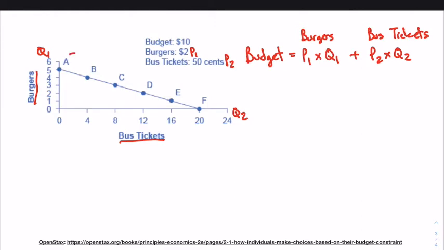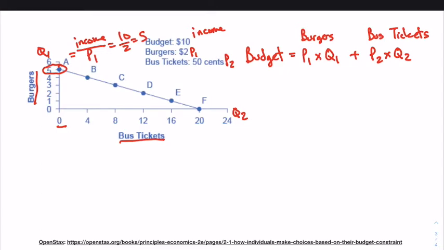We find out that number by taking the income and dividing it by P1. And we know our income to be $10. So 10 divided by 2 gives us 5. If we spent all of our $10 just on burgers, we could purchase 5 of them. But that would mean we would have 0 bus tickets.